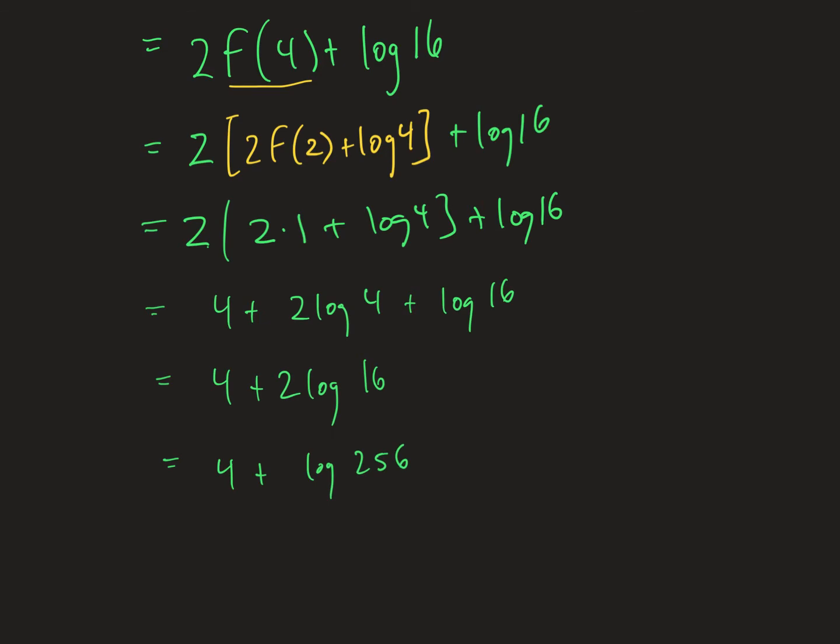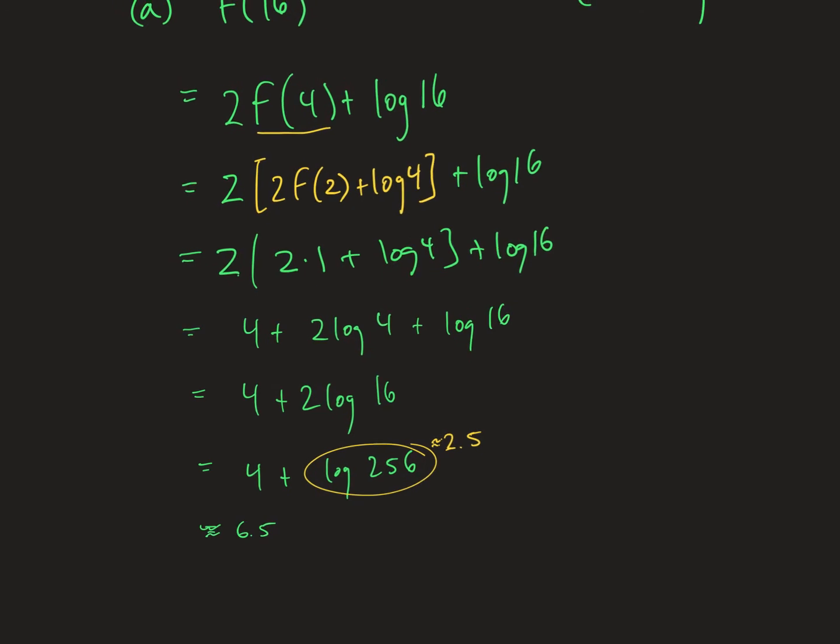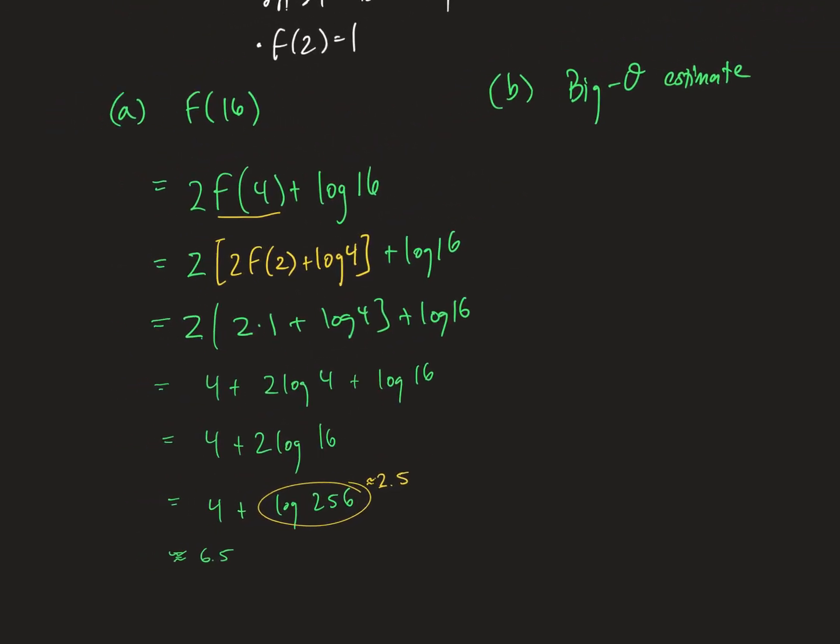Okay, and this log is just over 2, about 2.5, right? Just about. So this will be about 6.5. But of course, you can use a calculator to get the exact answer. Okay, so next, let's move on to finding the big O estimate.